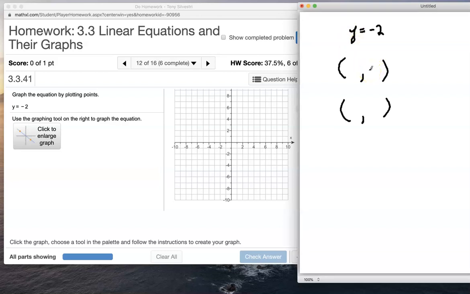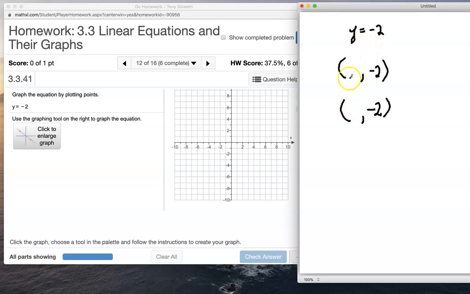The y values of those 2 points have to be -2. That's what that says. There's no calculation involved. y equals -2, those 2 points must have y values equal to -2. x is not involved in any type of calculation because there is no x.